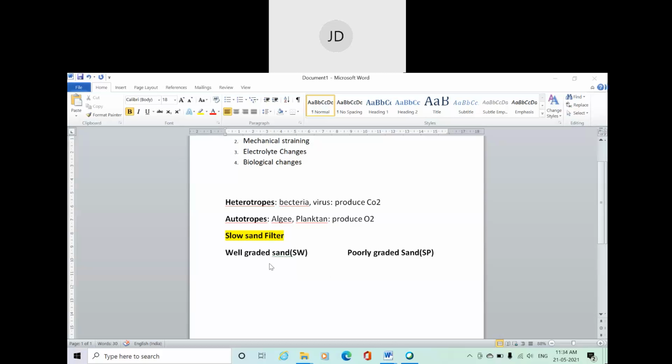We have to destroy the biological film from time to time, so that some amount of treated water can pass through the gravel and finally we can collect it from the bottom. That means cleaning must be done by scraping the top layer up to 2 to 3 centimeters. We need to destroy the biological film.